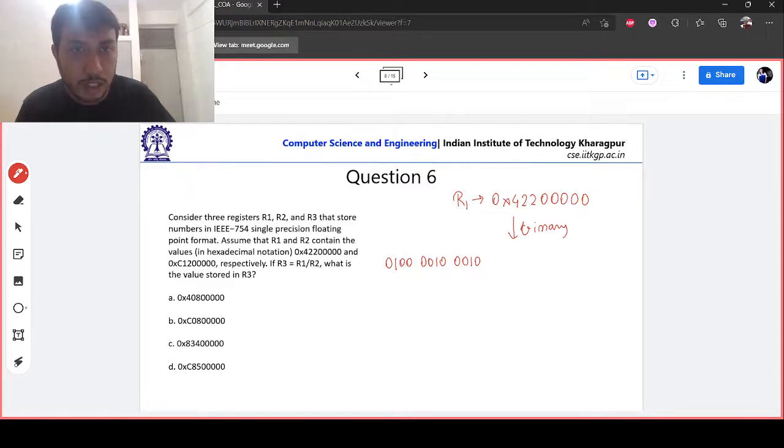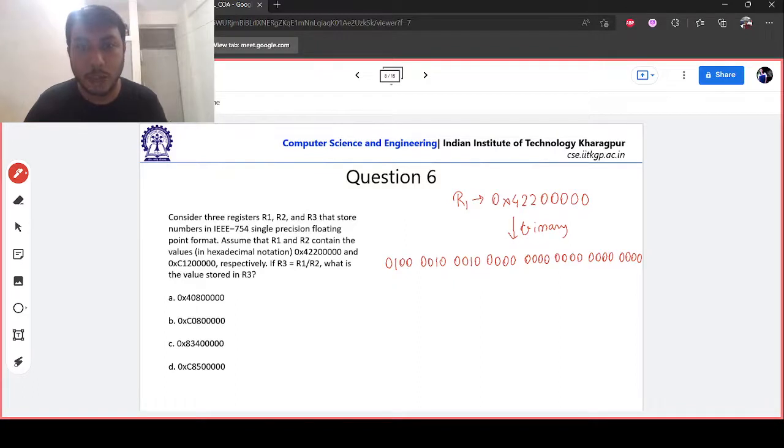The next all five digits are zeros, so it will be all zeros. Right, so this is the corresponding IEEE 754 number in binary.